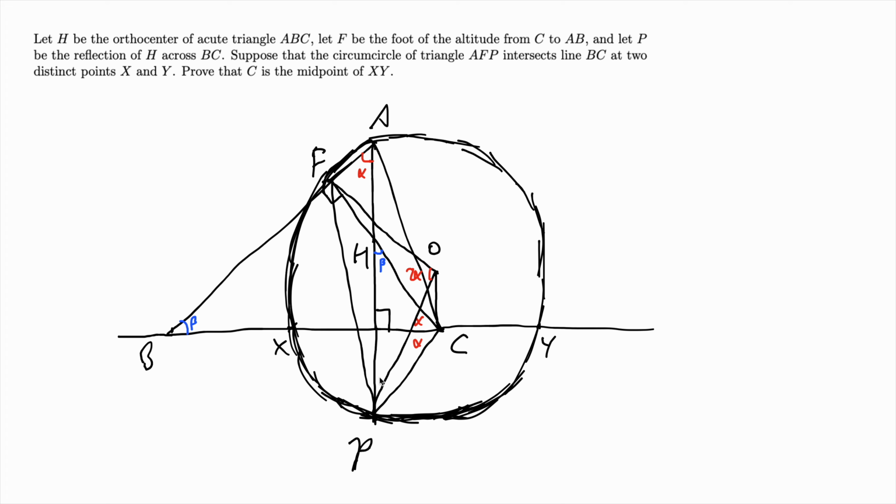I think I found it. OF and OP are equal to each other. Therefore, if we prove that OFP is beta, then we complete our proof. So how do you find OFP? This angle.